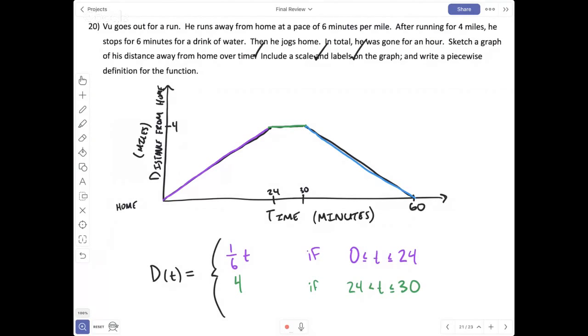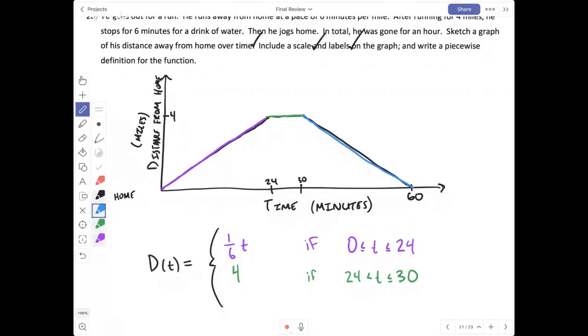And then the last part I did in blue. He's now going down towards home. So I'm going to make it negative. He goes down this 4 miles in the course of 30 minutes. Rise of 4, run of 30. I could write 4/30ths, or I could write the simplification 2/15ths, or 1/7.5.